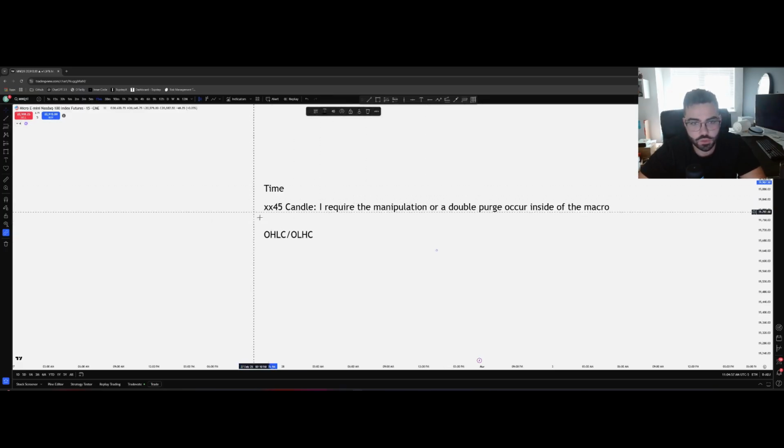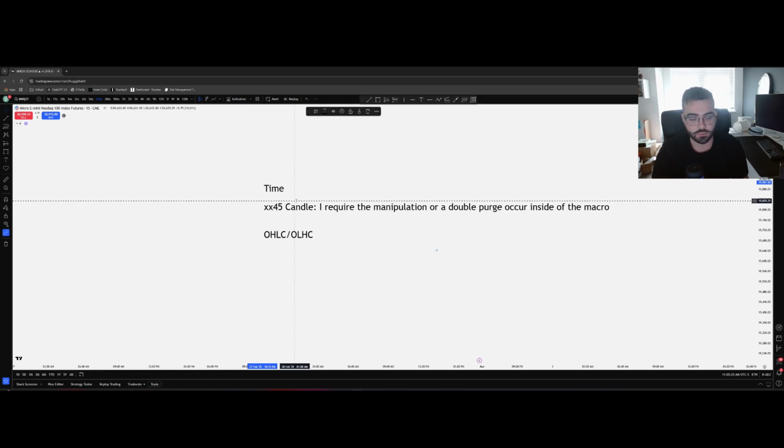To speak a little more on the XX45 candle, why I require manipulation or a double purge to occur inside of the macro is because you're sometimes front running a new 4-hour open, a new hourly open, it might be a 6-hour open, whatever the case may be. You're front running a higher time frame candle that holds more weight, so you need to put these candles to a standard.